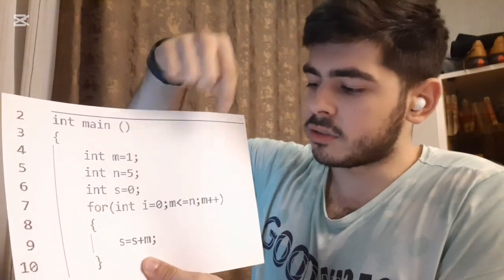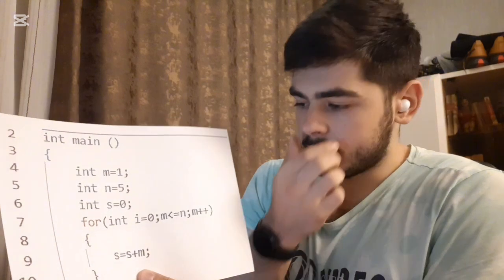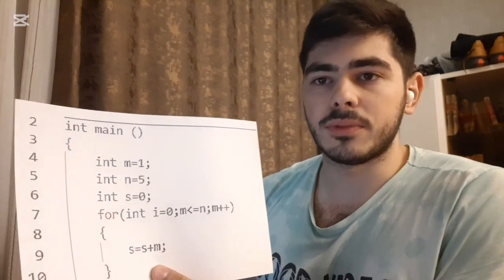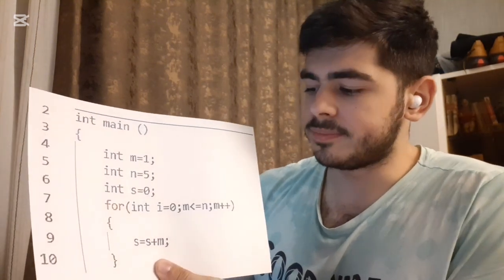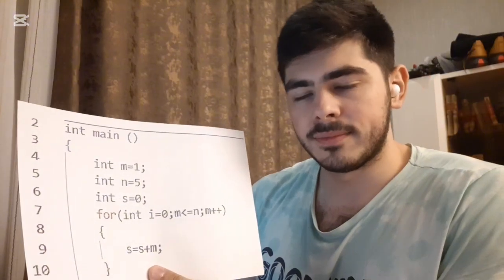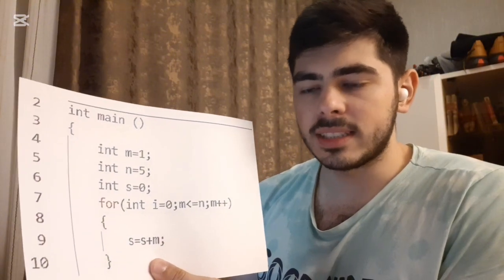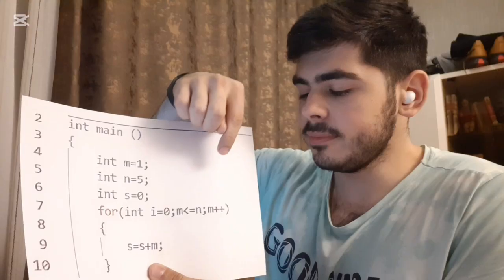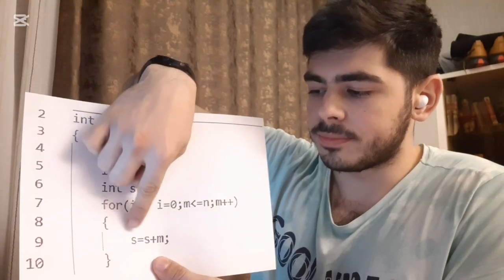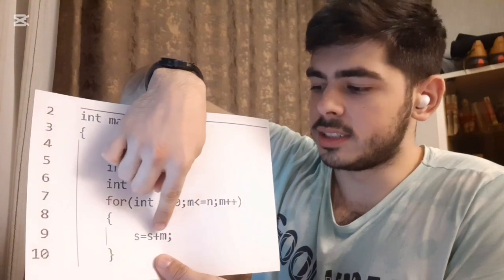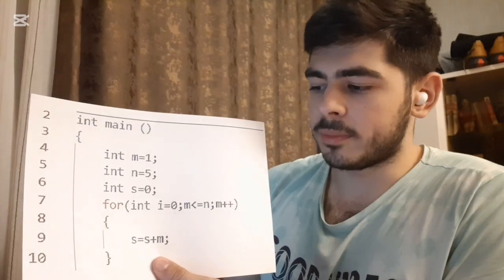m less than or equal to n. In this situation, first of all we need to compare m and n, and only after comparing, we need to finish this command.